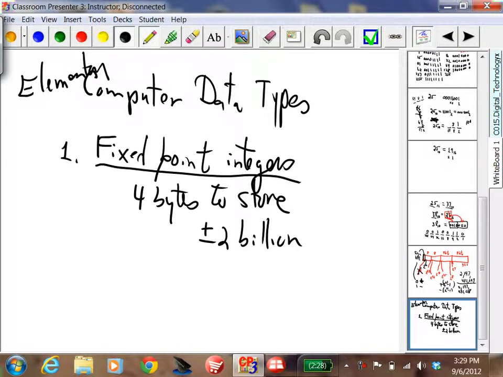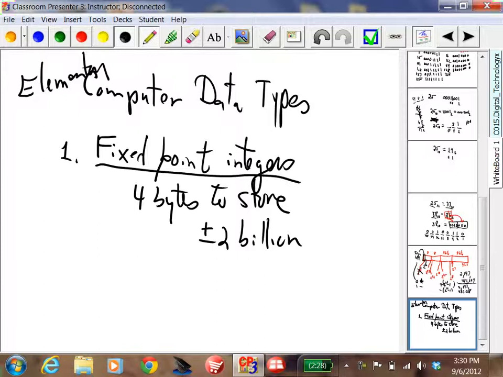Now, some computers actually have what they call short integers, and those are 2 bytes long, that is 16 bits. Those are in old computers, and that pretty much disappeared by now.